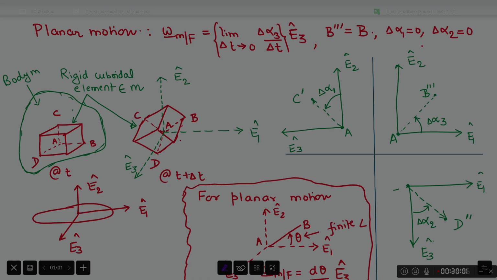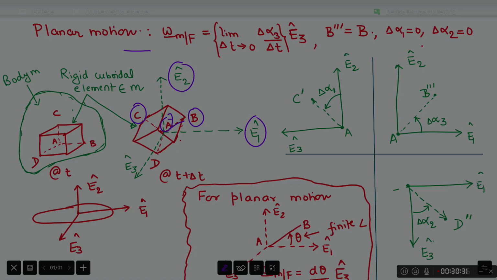So in the case of planar motion, this point B will always continue to be in the plane of A, E1 and E2. Similarly, point C will also remain always in the plane of A, E1 and E2.